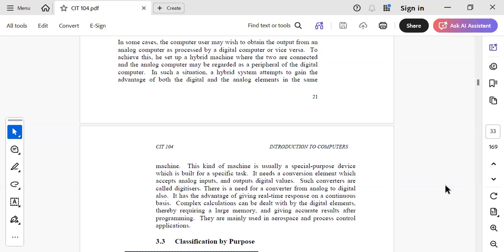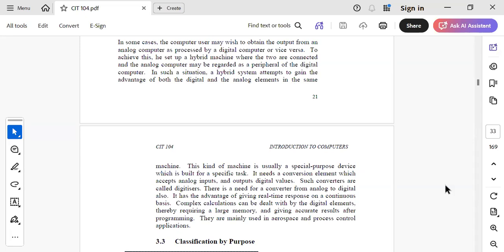Output from analog being processed by a digital computer or vice versa, which means either from digital to analog or from analog to digital. Now you've created in me a curiosity. I want to know, how does it happen?